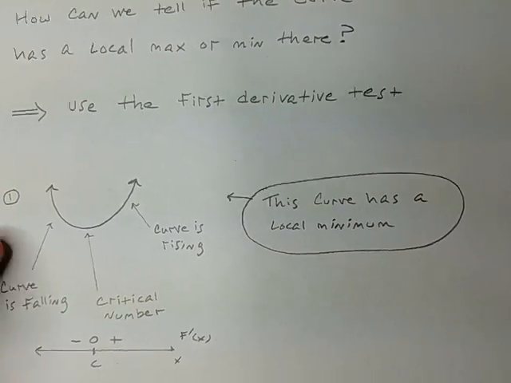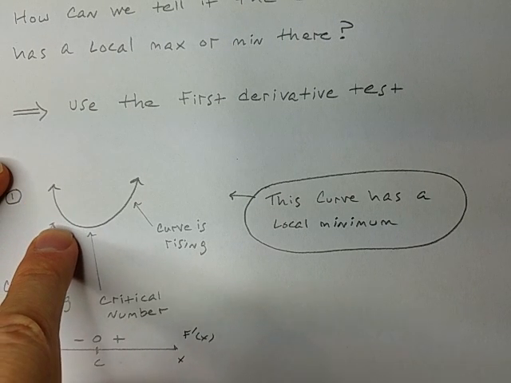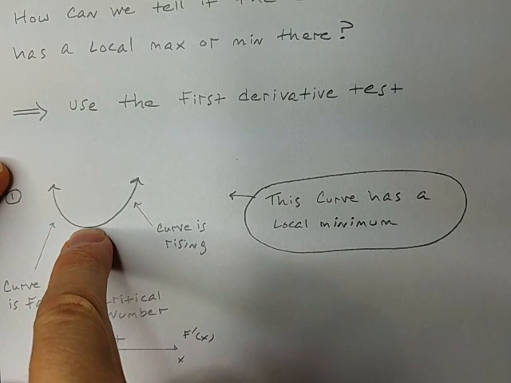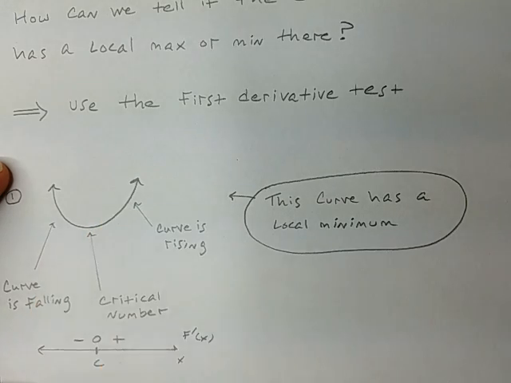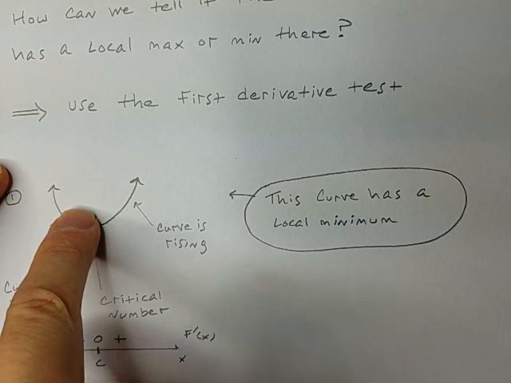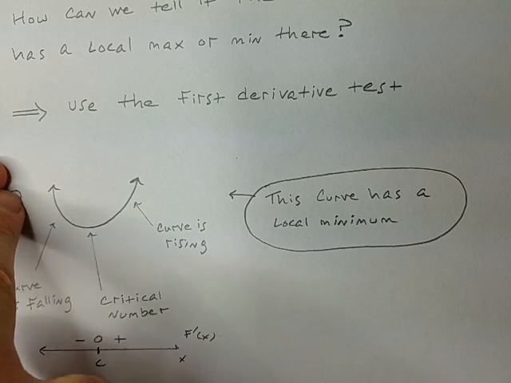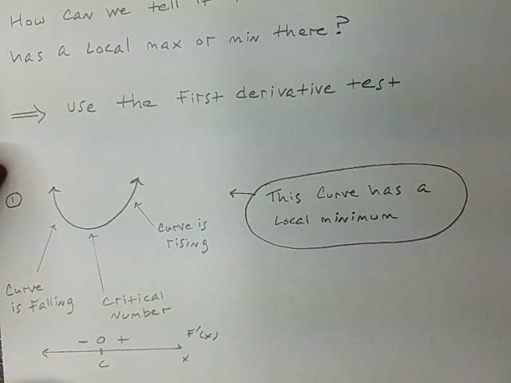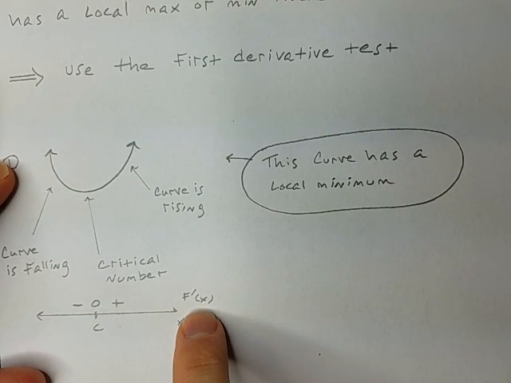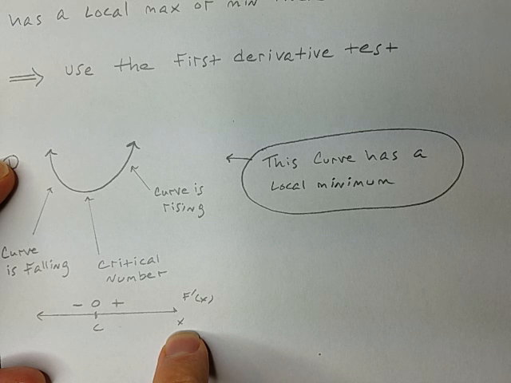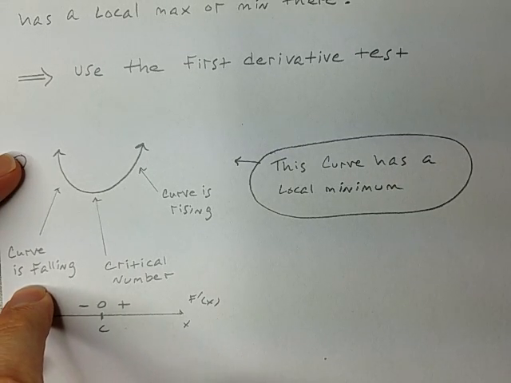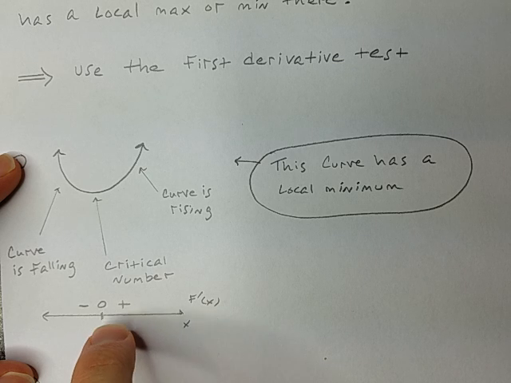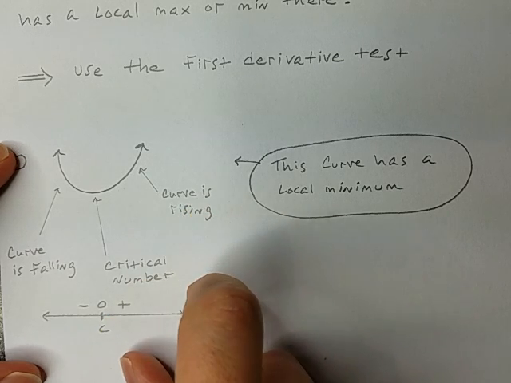So see this curve? It's falling, and then you'll have a critical number at that spot. The derivative will be 0 there at the bottom, and then the curve's rising. It has the shape to have a local minimum because it's falling and rising. If you made a chart of the derivative versus x, you would find that the derivative is negative to indicate the curve is falling, and on the other side of the critical number, the derivative is positive to indicate it's rising.